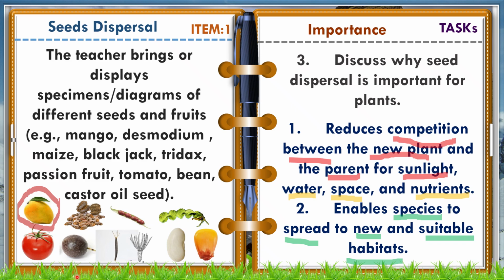For example, if where our fruit is grown, it is unfavorable, it does not provide a conducive environment for the growth of that particular plant, and if it puts on fruits and the fruits are eaten and then transported, the seeds are transported to another area where they are deposited far away from the parent, that new area may be a suitable habitat, and therefore the species will survive and it will spread to new suitable habitats.